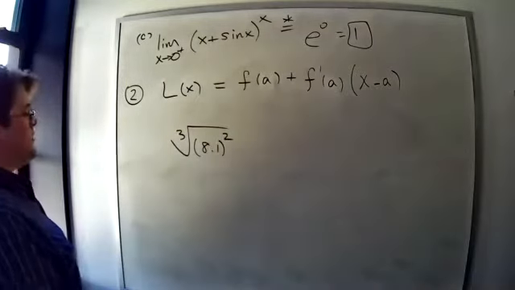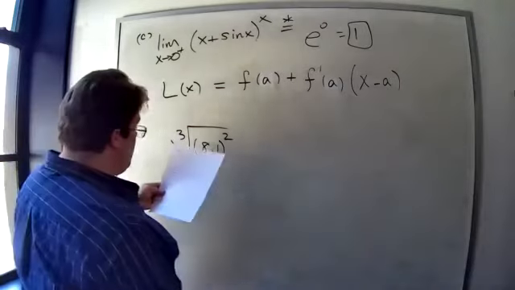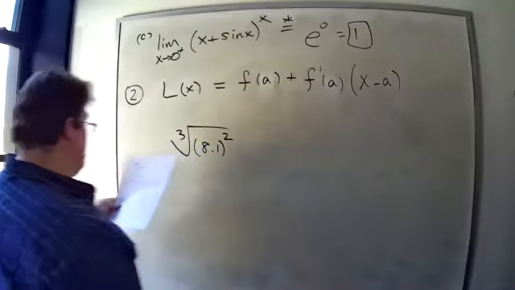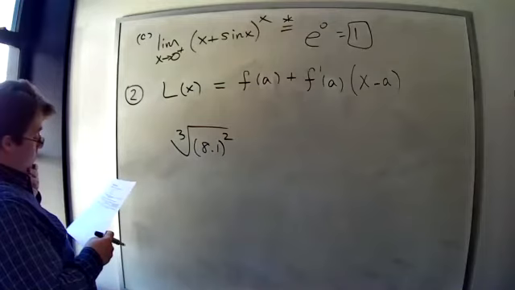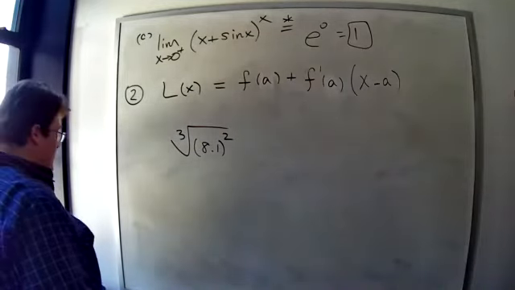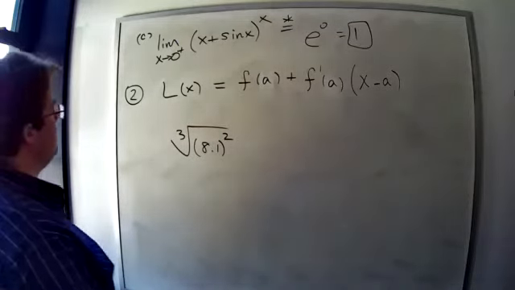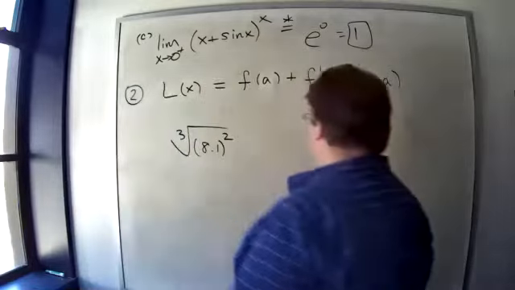Well, the cube root of 8.1 squared is going to be close to the cube root of 8. Oh, look at that. I even wrote near x equals 8. I guess that should say near a equals 8 because that's the letter I used in the lecture. I hope that didn't confuse anybody.